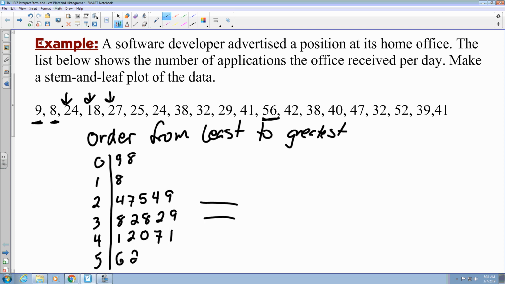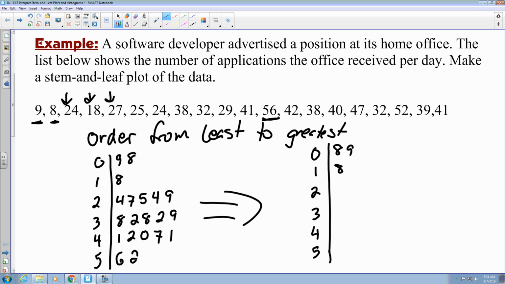So now I'm going to transfer this same stem and leaf plot using the same stem values 0, 1, 2, 3, 4, and 5. Now I'm going to take those leaf values and put them into numerical order. Looking at 0, it should go 8 and 9. For 1, I just have the 8, so that's great.